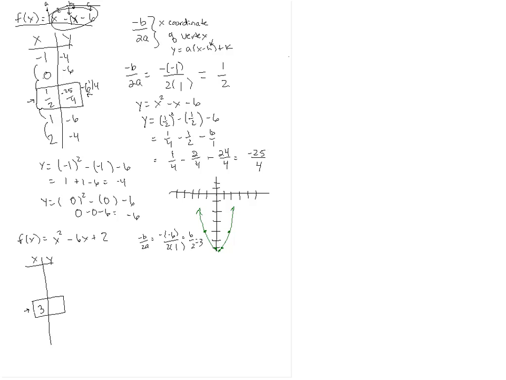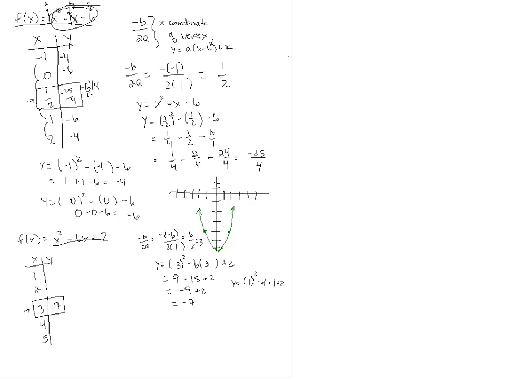Now, plug in 3 to solve for y. Wherever there's an x, plug in a 3. So you get 9 minus 18 plus 2. -9 plus 2, -7. 2 to the right, 2 to the left, 2 to the right. Right? Plug in a 1. Y equals, wherever there is an x, we put 1.